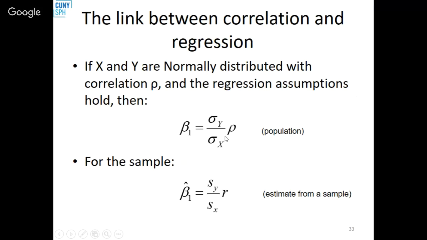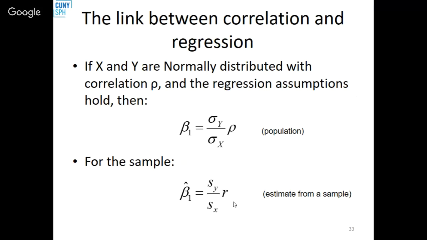The population correlation coefficient, which varies between -1 and 1, multiplied by the ratio of the Y standard deviation over the X standard deviation gives you the regression coefficient. And the same thing using the estimates from the sample.